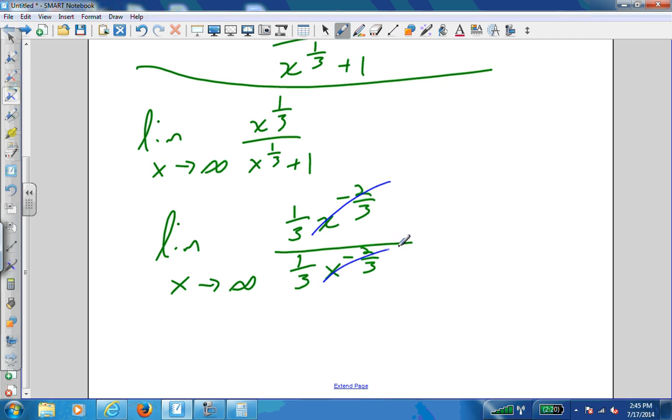Those cancel, leaving us 1. The limit of 1 is 1. So that sequence converges to a value of 1. Does it ever reach there? No, it doesn't ever quite reach 1, but that's what it converges to.